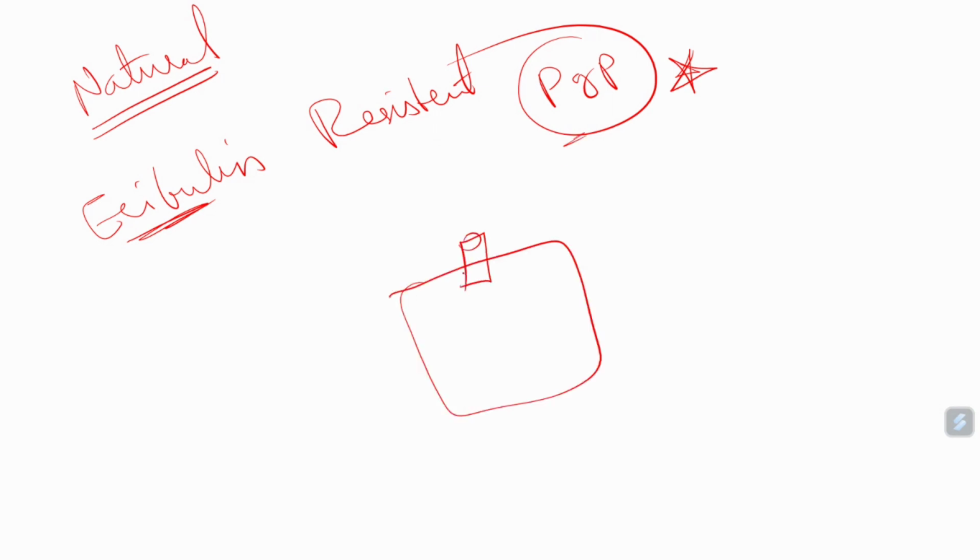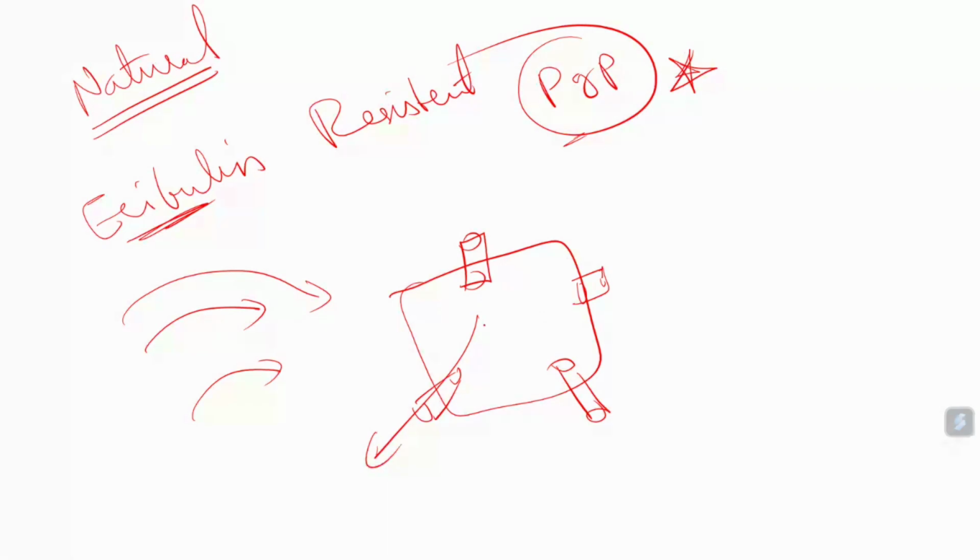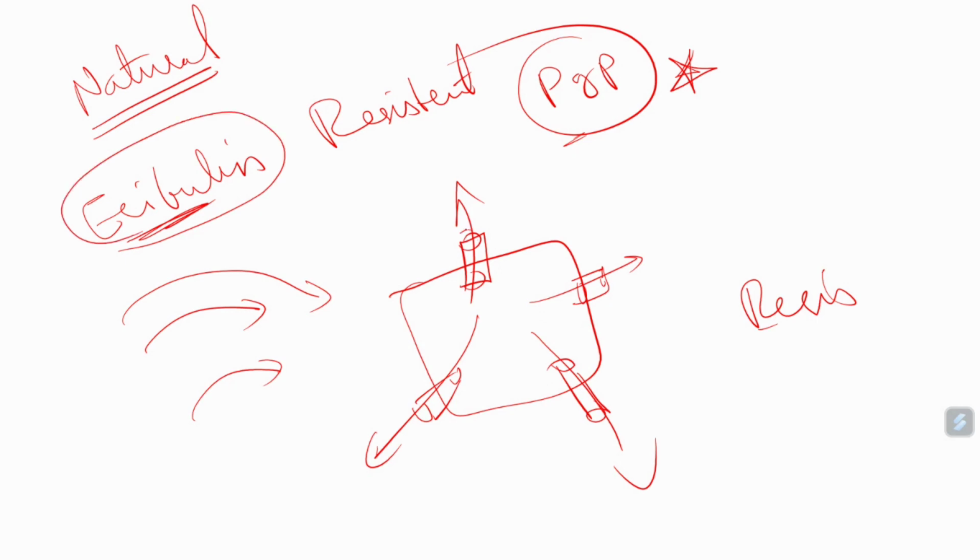If a person already expresses P glycoprotein in their cells, when natural compounds like vincristine and vinblastine are given, these Vinca alkaloids are easily excreted out, and they have a probability of showing resistance. Here, eribulin is resistant to PGP, so PGP expression can't do anything to eribulin. That's why, if a patient has Vinca alkaloid resistance and expresses PGP, eribulin is the drug of choice.